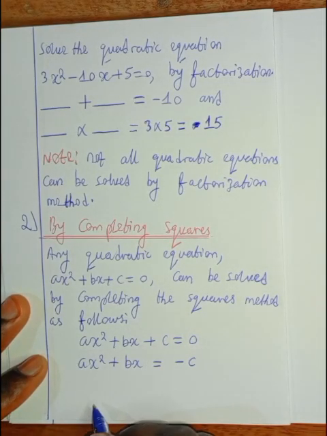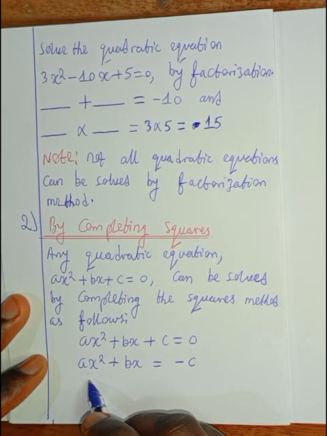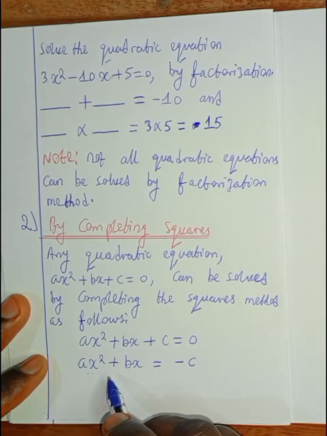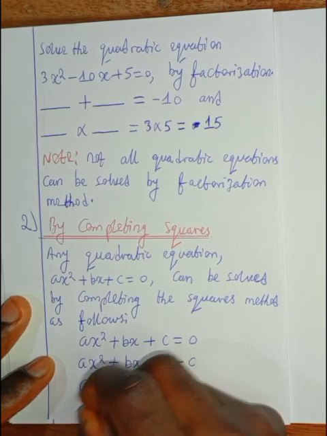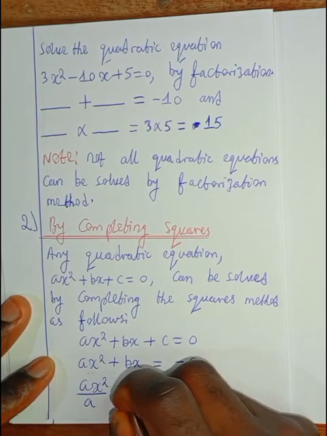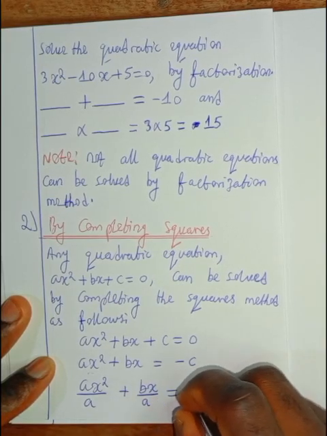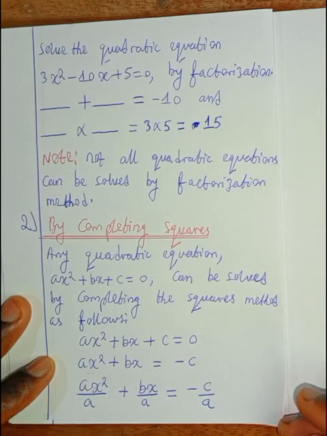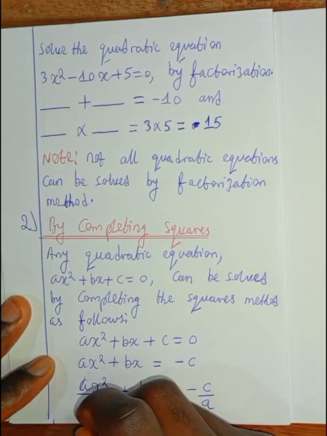Next step, we are going to make the coefficient of x squared, which is a here, to be 1 by dividing all through the quadratic equation by a. This will give us ax squared divided by a, plus bx divided by a, is equal to -c divided by a. At the first term, you will see that a will strike off with a.